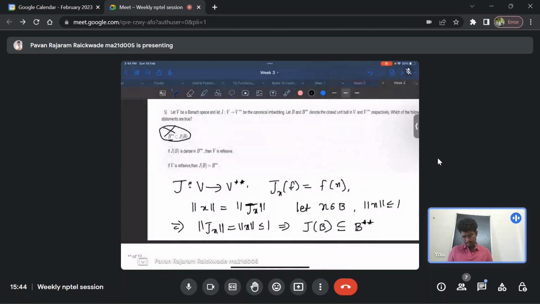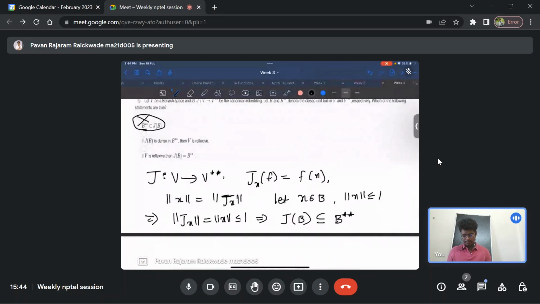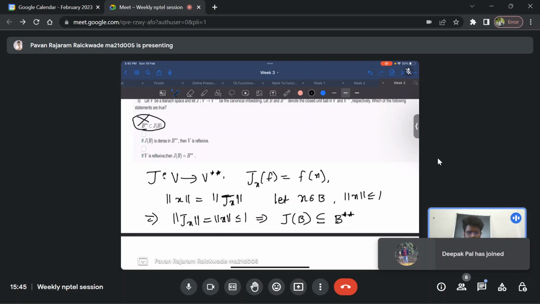Next, if JB is dense in B star star, then V is reflexive. Quickly, you can say something now about the answer to this question. Just try to think. J is an isometry, so it will send a closed set to a closed set, right? Already I told you that J of B is contained in B star star. So what can you say now?